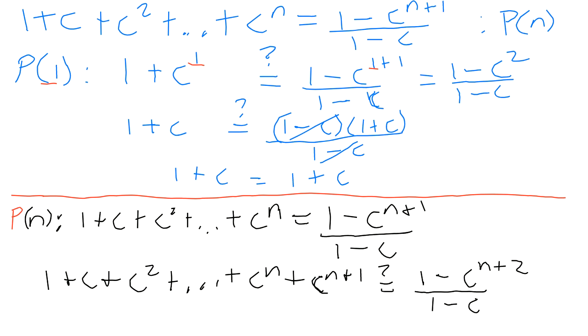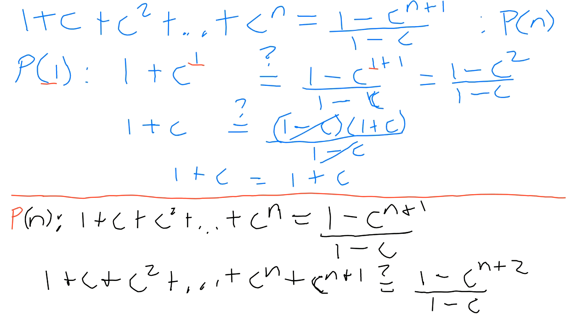Because whatever the power, if you look at this, if the final power is 5 on the left, so if it goes up to c^5, then it should be 1 minus c^6 over 1 minus c on the right side, because it's a plus 1. So if we're going up to the n plus 1 on the left, then we should go up to the n plus 2 on the right in the numerator.